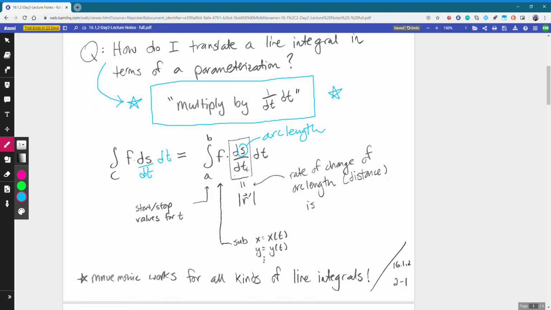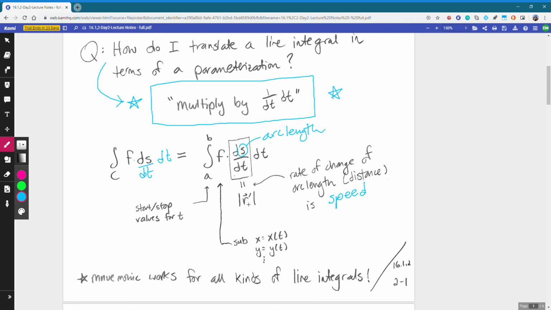And so ds dt is the rate of change of distance. Thinking physically, what's the rate of change of distance? It's speed. If you said velocity, that would be the rate of change of position, where positive and negative is taken into account. But the rate of change of just distance is speed. And what is speed? It's the size of velocity. So this ds dt needs to get replaced with what it equals, the size of the velocity of our parameterization.